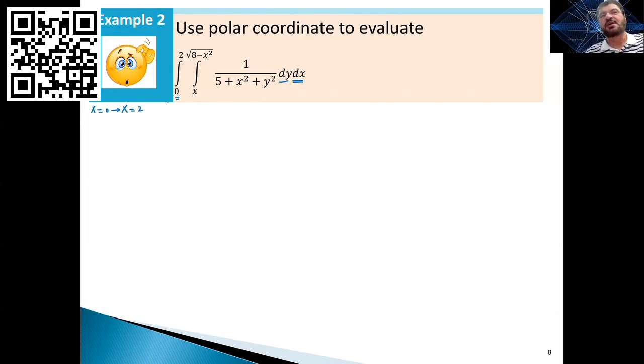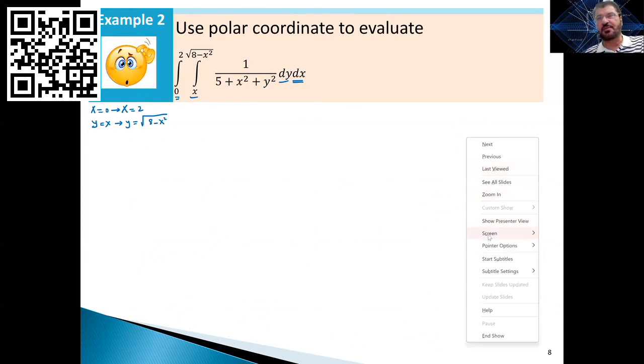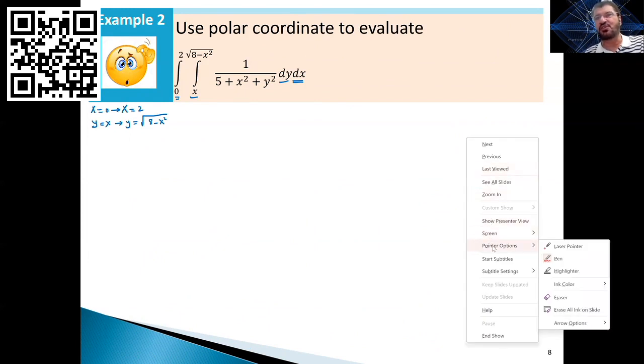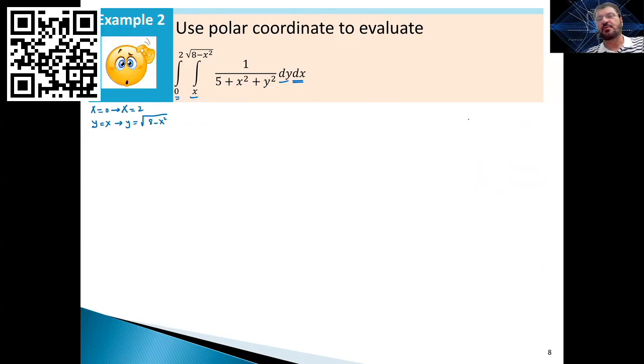For the y, it's from x to y equal square root of 8 minus x squared. So let's graph this to see if we can graph that region. What I'm going to graph now, by the way, is the region only, in the xy plane.